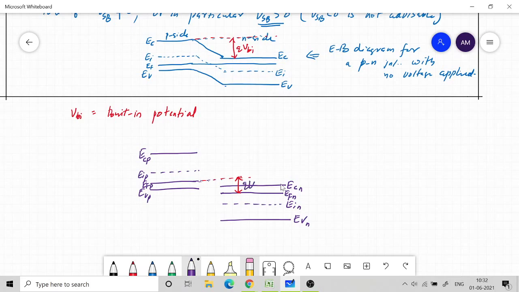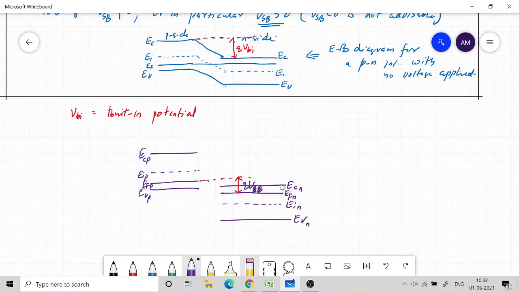QV that we applied, or in this case we are applying a reverse voltage between the source and bulk, VSB, sorry, this is VSB.